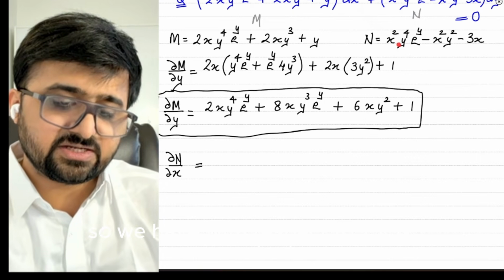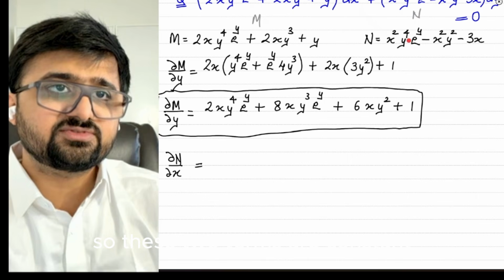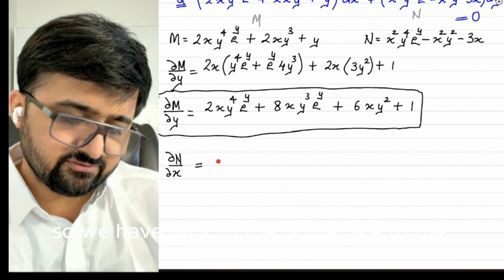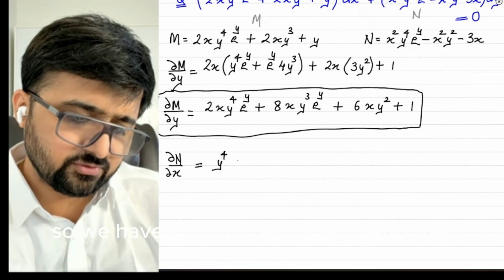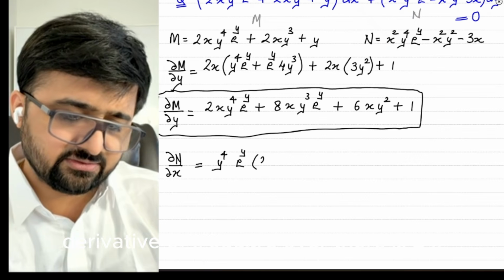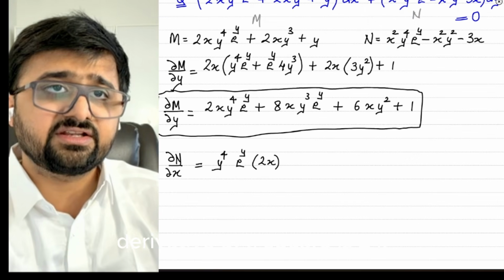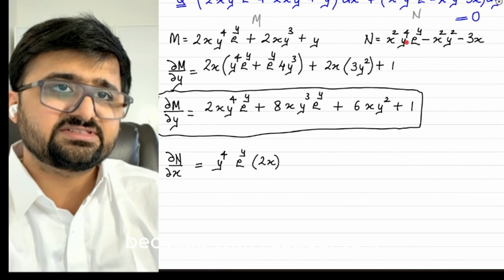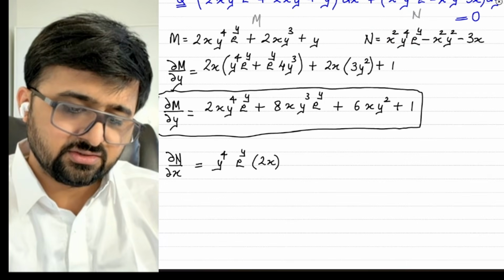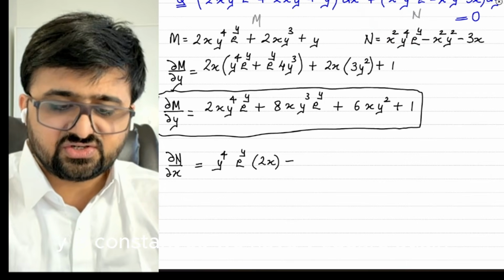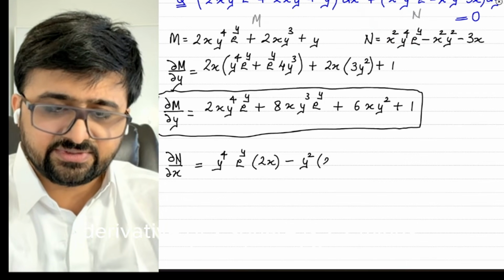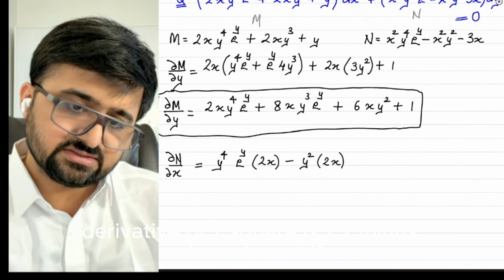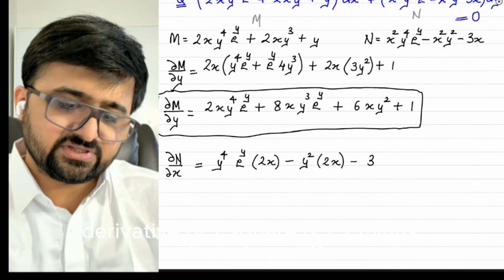With respect to x, y is constant, so these two terms are constant. We have y^4 e^y, and the derivative of x^2 is 2x. Again, with respect to x, y is constant, so we have y^2, and the derivative of x^2 is 2x, minus the derivative of 3x, which is 3.